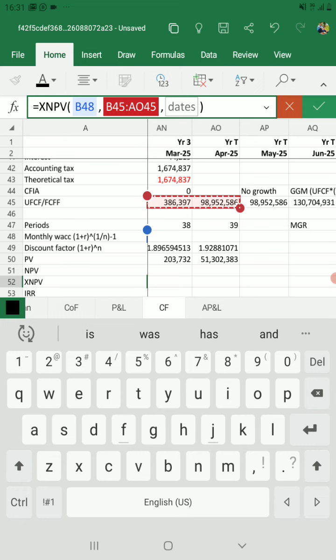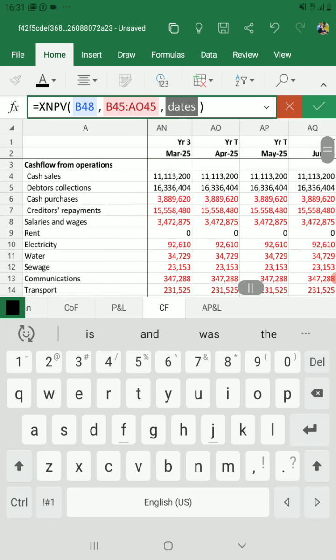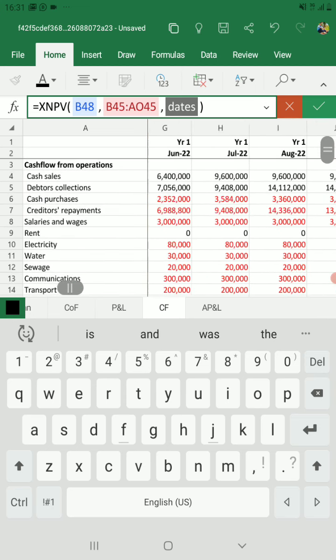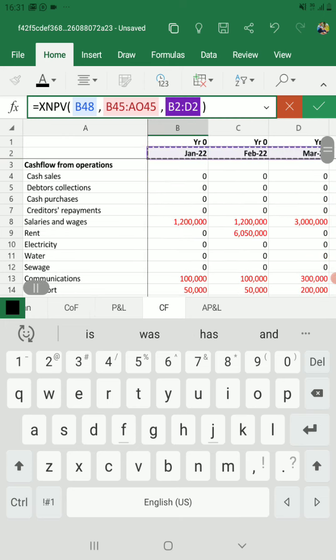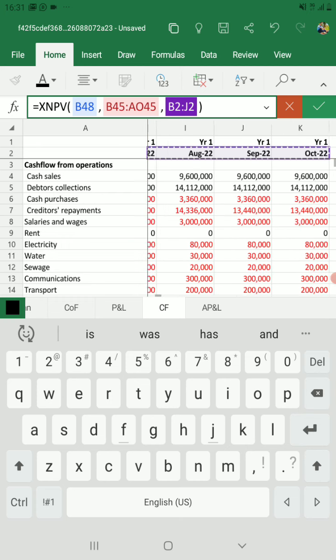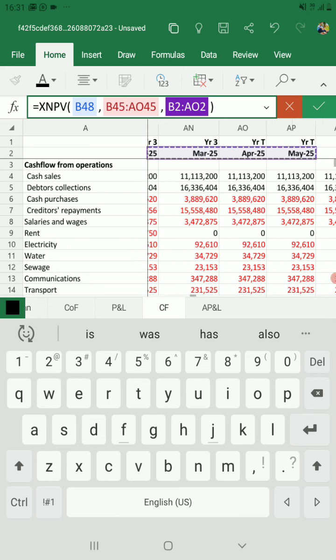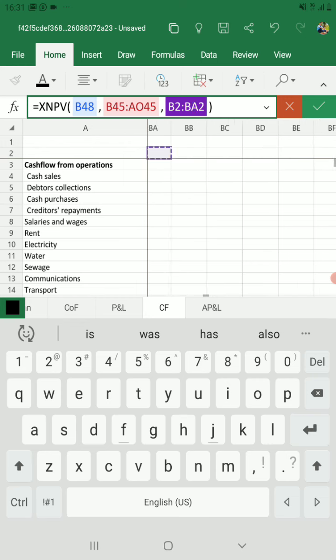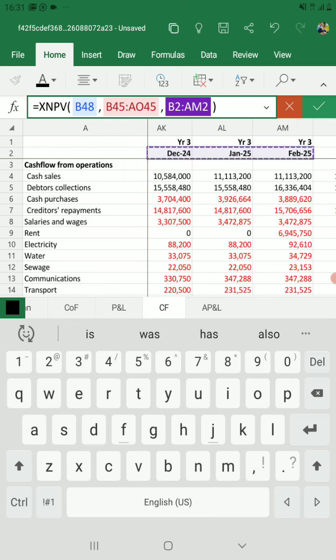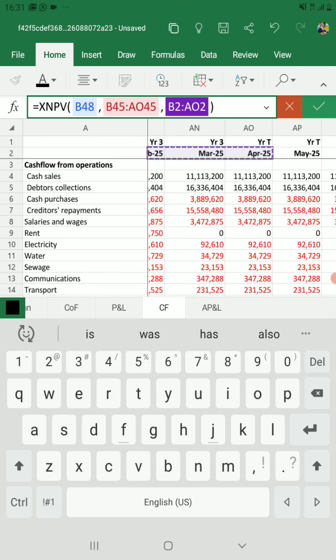Okay, so that is XNPV, and there is a range for dates. For dates, starting from January here up to the end of our projection period, year 3, and then year T. Press enter.